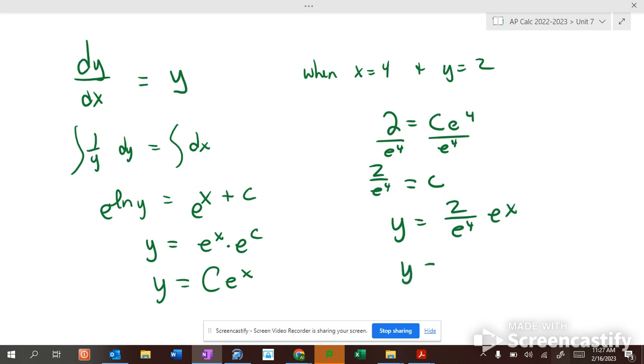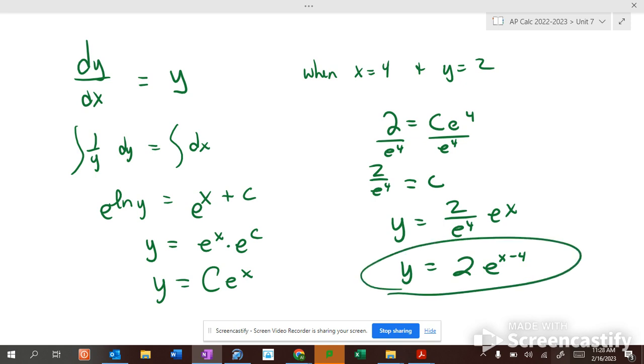And then what's e to the x over e to the 4th? E to the, when we divide, we subtract. And there we are. Okay? That's how to do exponentials.